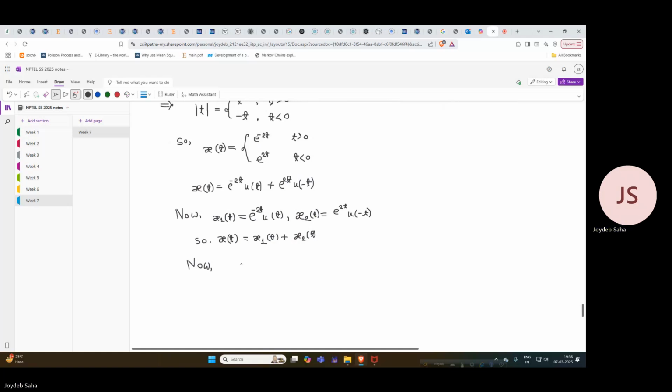So we have divided it into two parts. Small x1(t) is e to the power minus 2t u(t) and small x2(t) is e to the power 2t u of minus t. So x(t) is equal to x1(t) plus x2(t). So let us calculate.